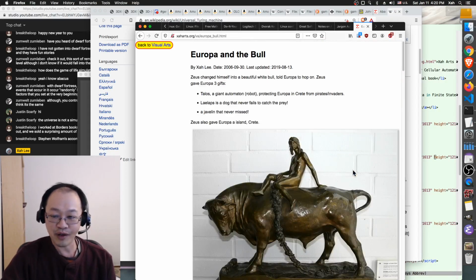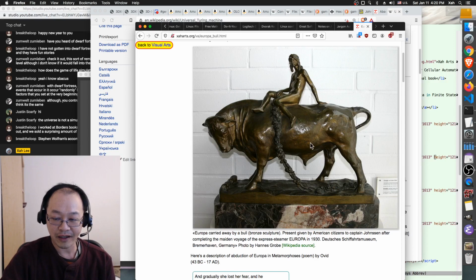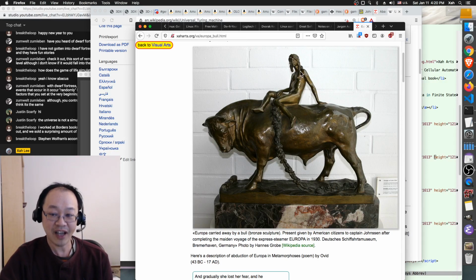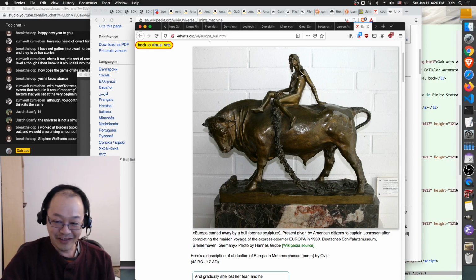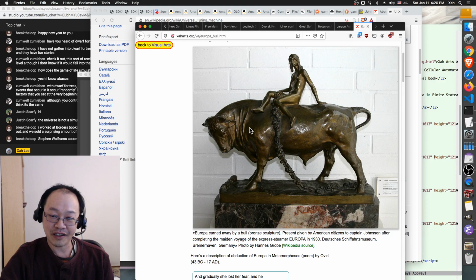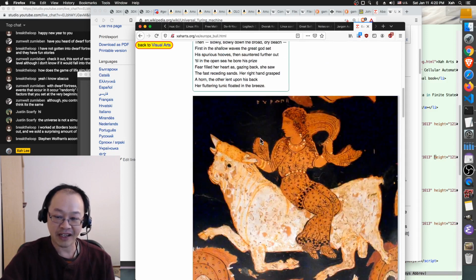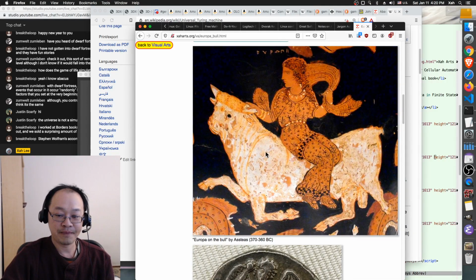So Zeus, the all-powerful god, saw this pretty girl, a young, lovely, beautiful girl. So Zeus wants to have her. So Zeus changed himself into a great, giant, beautiful white bull.